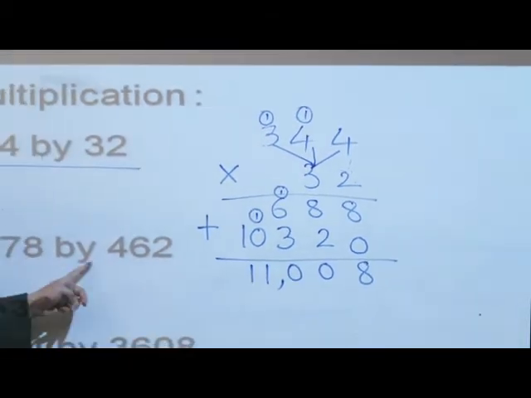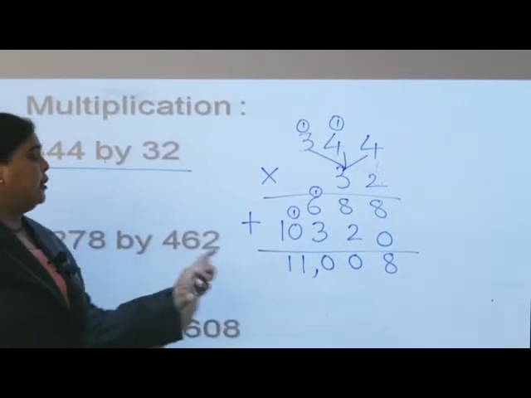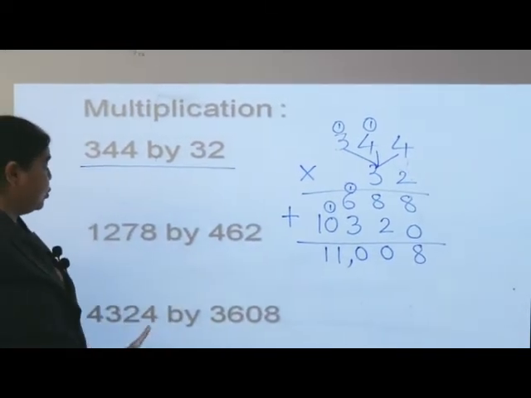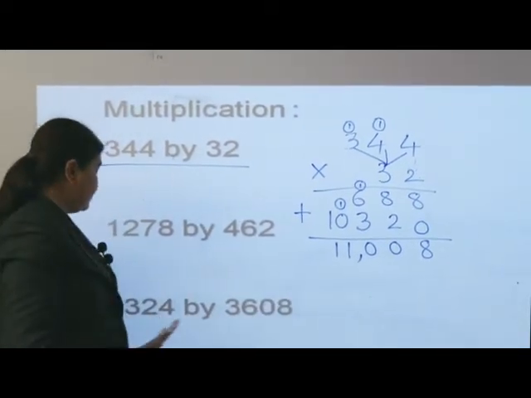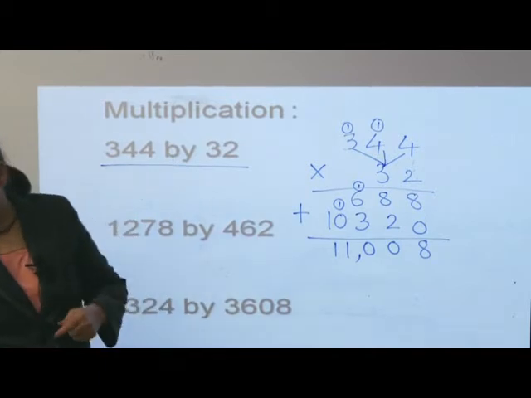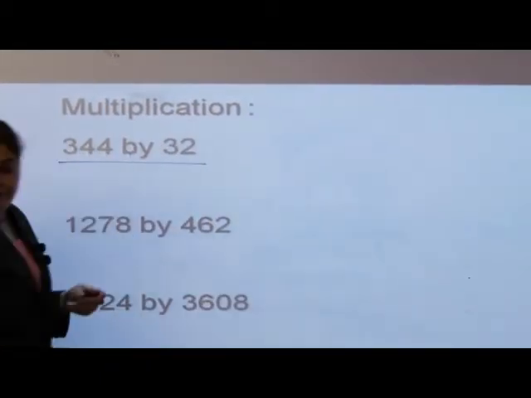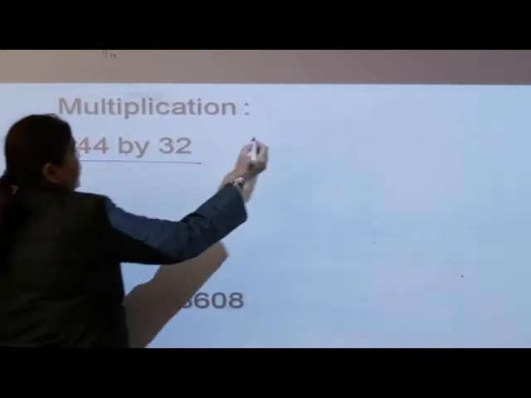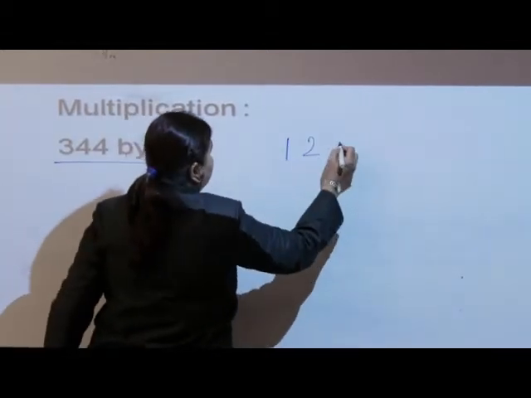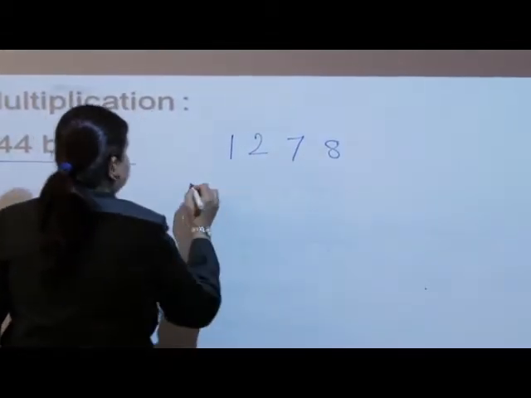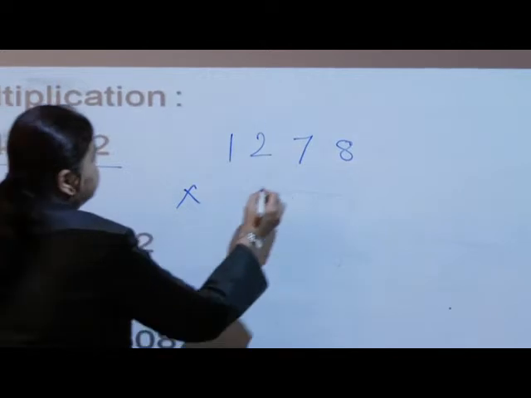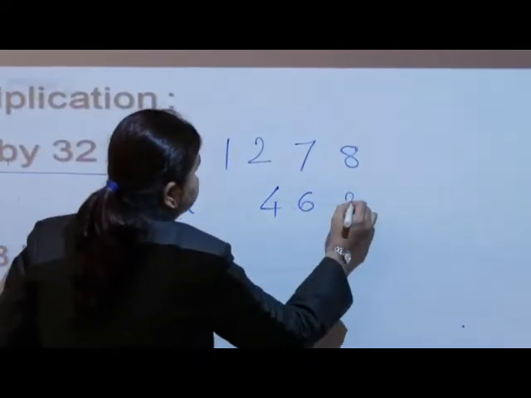One more example I will try to solve here, so you will understand how to do it with 4 digits also and with 3 digits also. So we will go for the next example, and the concept will be more clear to you. Here will be 1278 multiplied by 462.